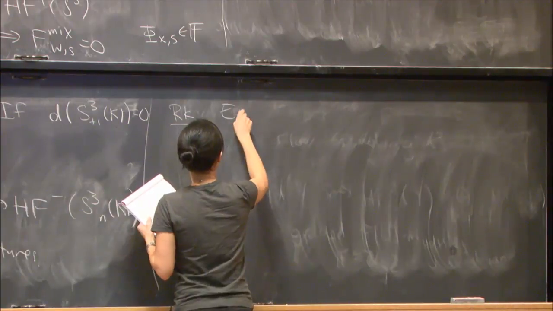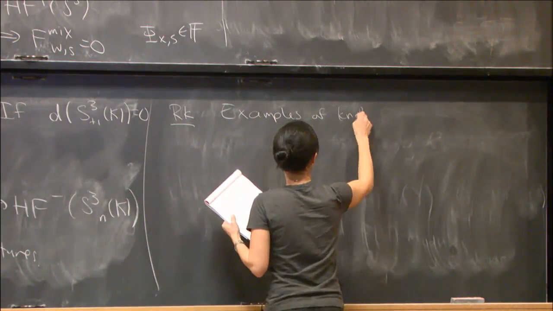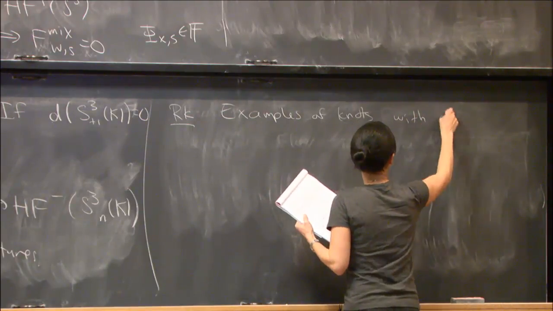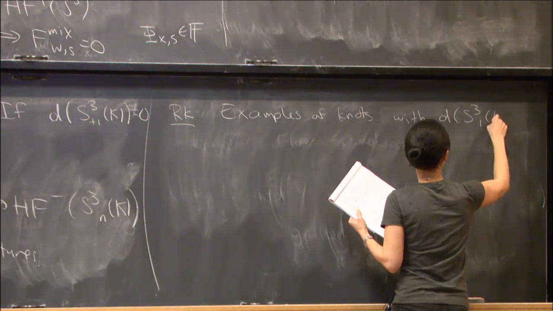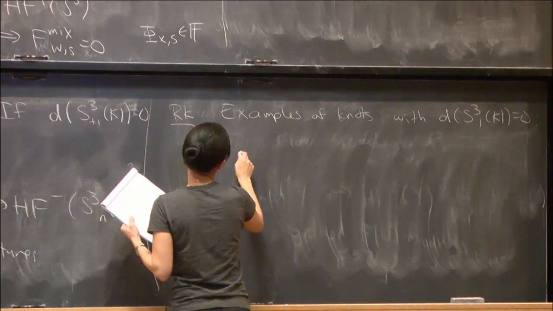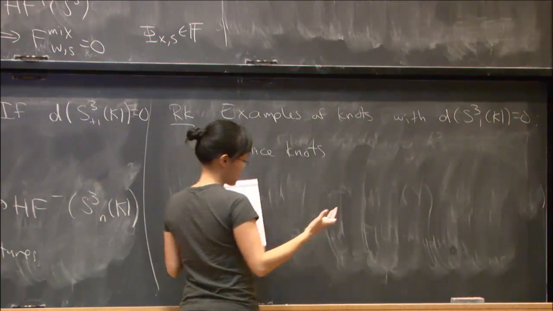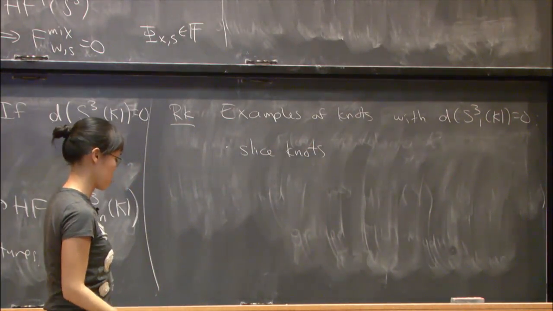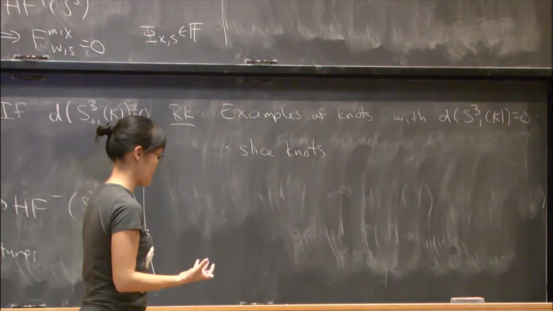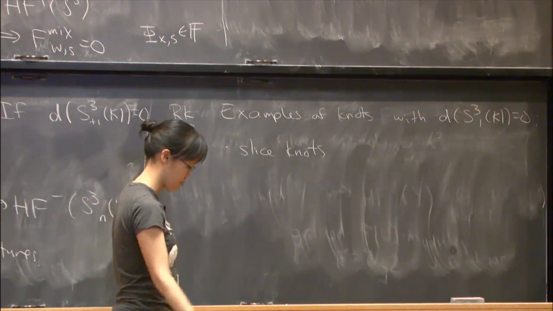Examples of knots with d of +1 surgery equal to 0: this includes all slice knots. Remember, a knot is slice if it bounds a smooth, properly embedded disk in the four-ball, whose boundary is your knot sitting in the boundary of the four-ball.